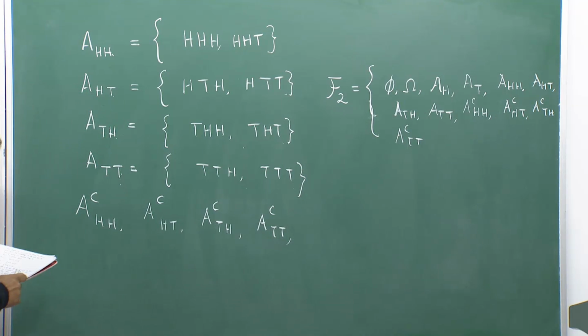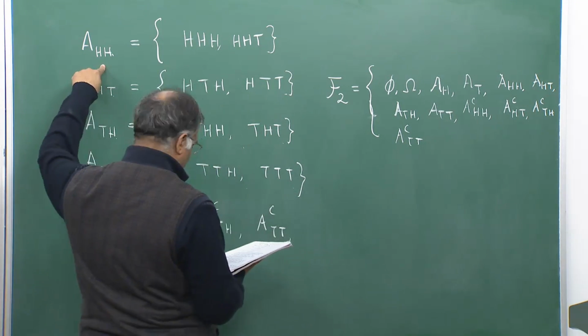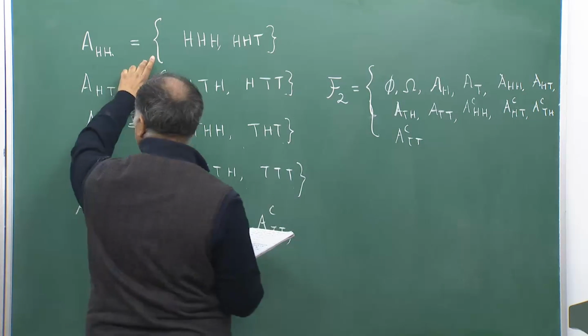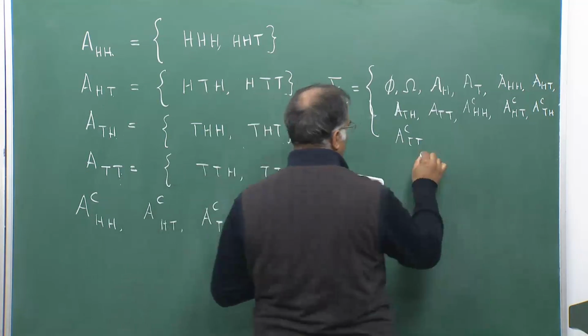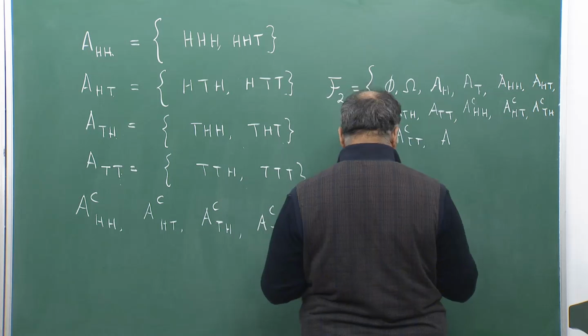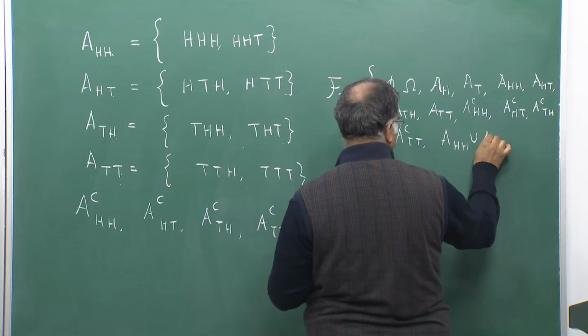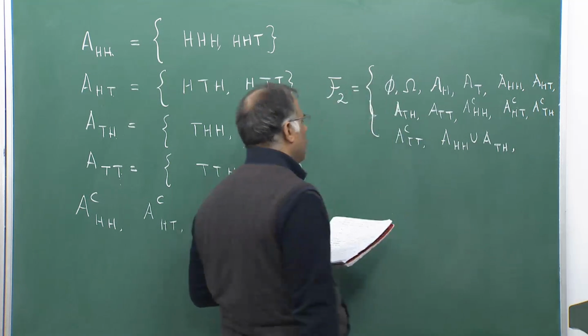Okay. Now, you can combine this with this, but do not combine this with this, because this with this will give you AH. So, it is already there, so you do not have to show that combination. So, AHH union ATH must be considered.